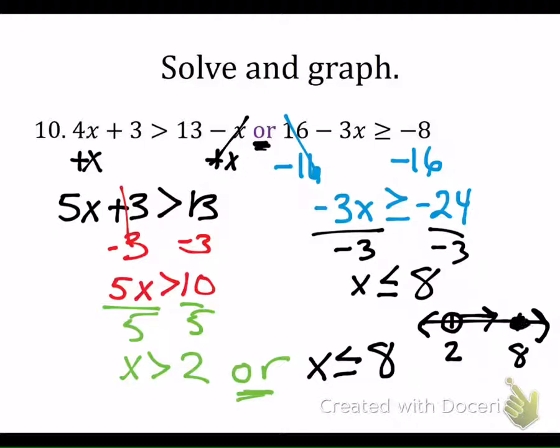It includes the 8, and then left or right? Left. And this is an or. So we can go past the 8 because that's still making the other inequality true. We can go past the 2 because that's still making the x is less than or equal to 8 inequality true. So what's my actual answer here? All real numbers. Every number satisfies one of those inequalities.